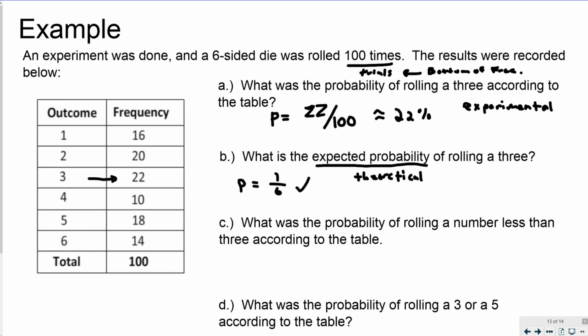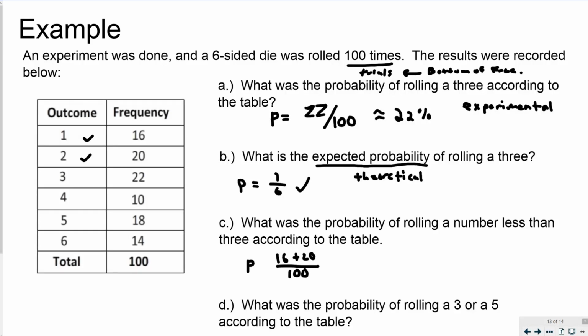What was the probability of rolling a number less than 3 according to the table? Numbers less than 3 would be a 2 and a 1 that satisfy the criteria. So you have 16 plus 20, because both of those satisfy the criteria, over 100.